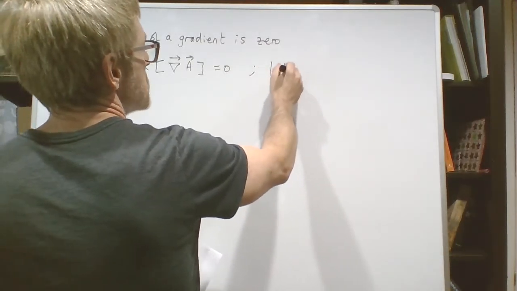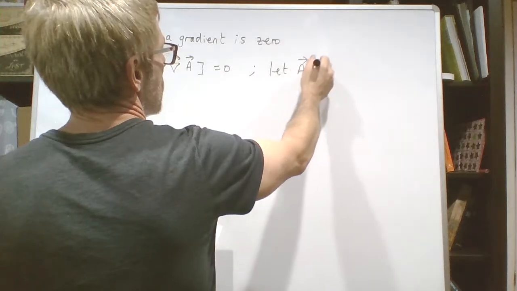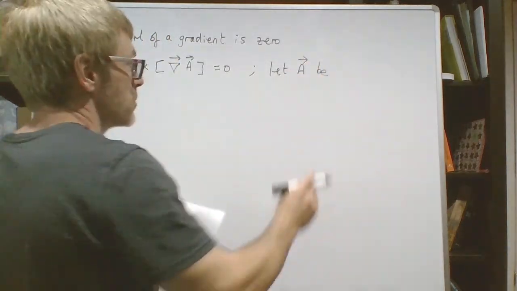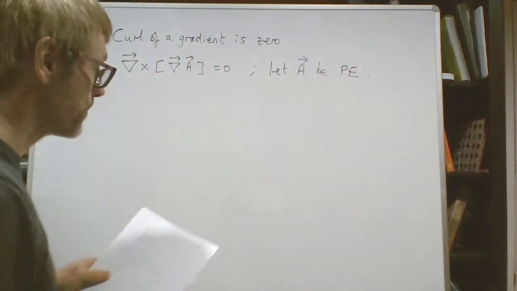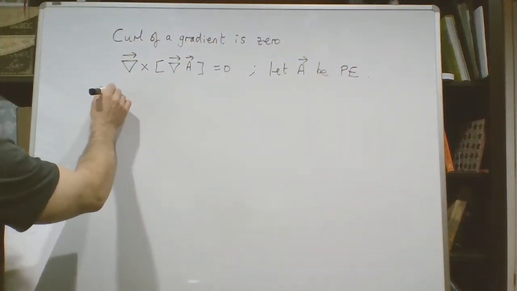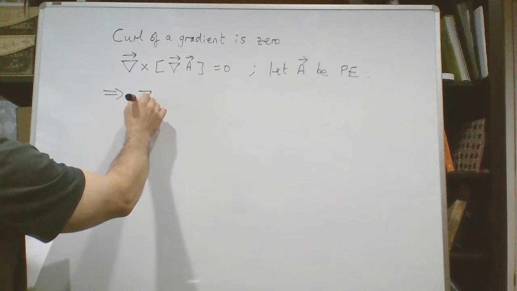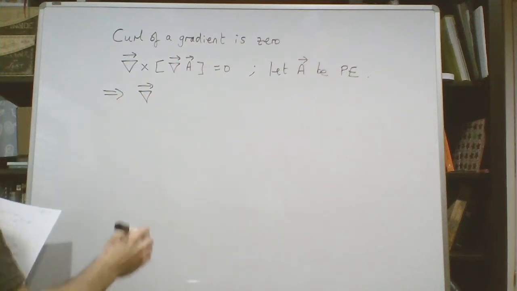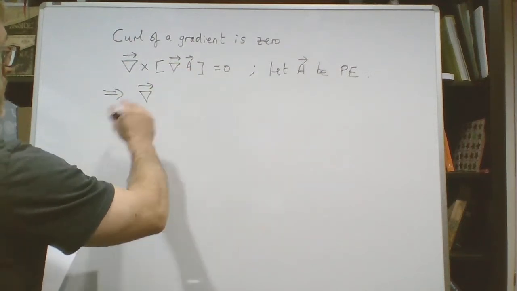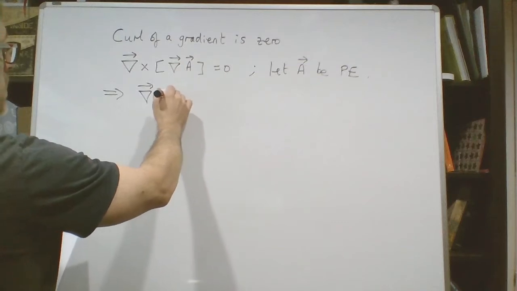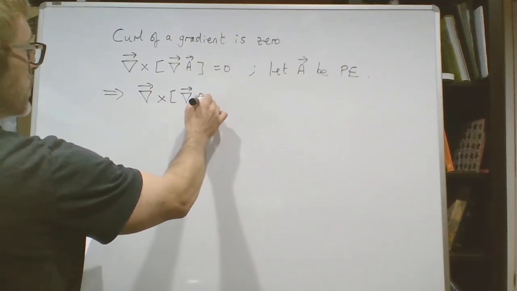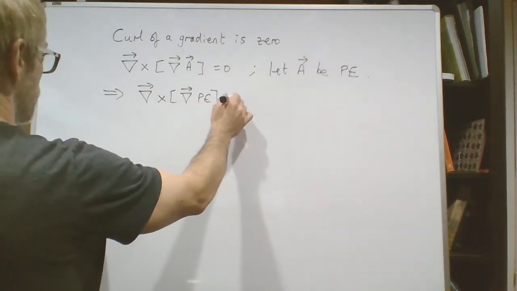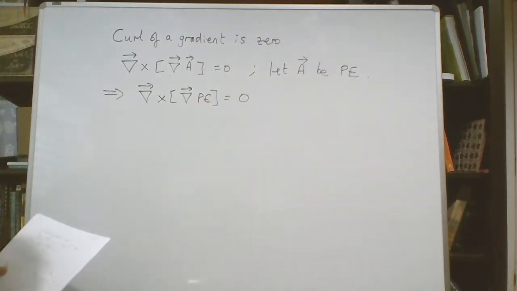For our purposes, let A be equal to potential energy. So this implies that, I'm just going to replace A with potential energy, so the curl of our potential energy equals zero.